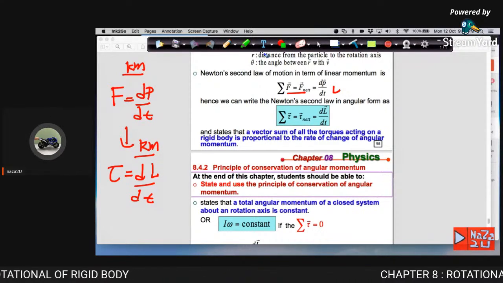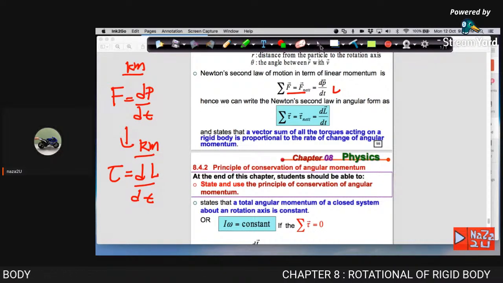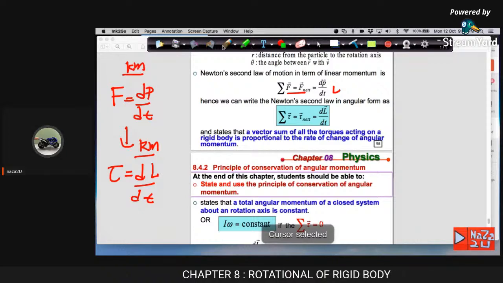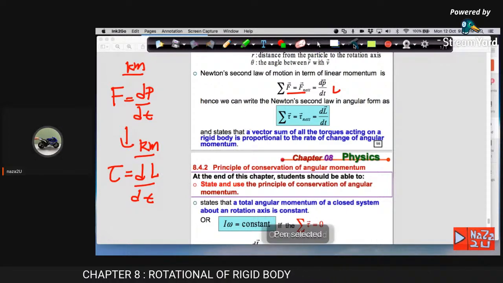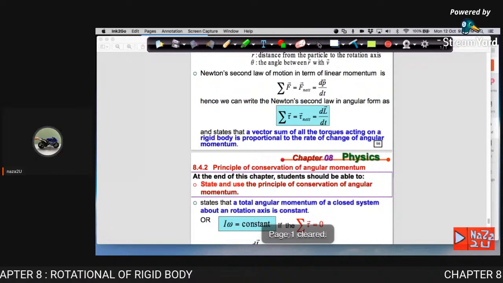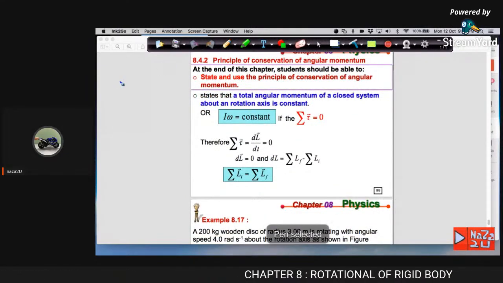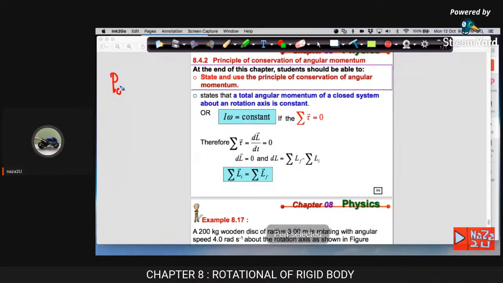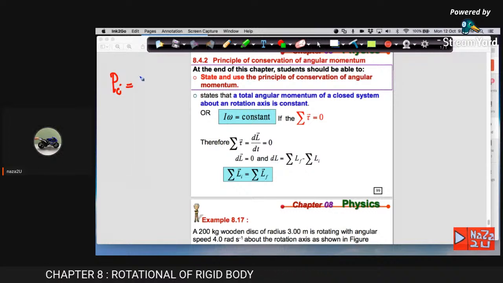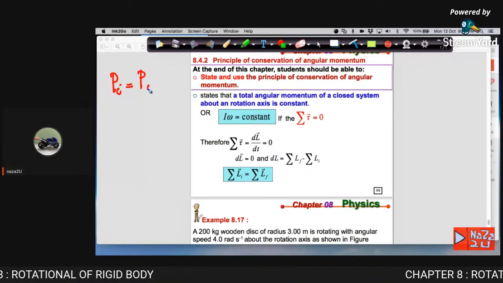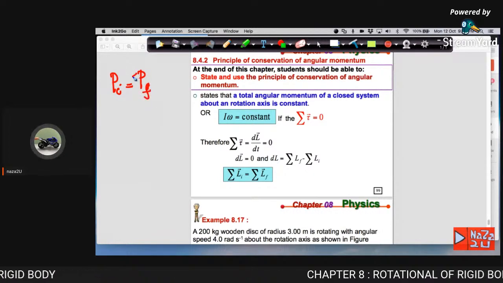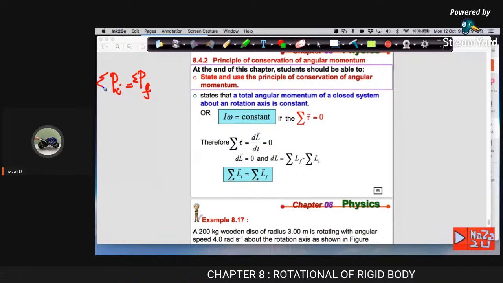Okey. So kalau dalam kinematic motion, kita ada bincang mengenai conservation of momentum, right? Conservation of momentum, apa dia kata? Jumlah momentum awal Pi is equal to jumlah momentum akhir Pf. Ingat lagi, this is chapter 3.